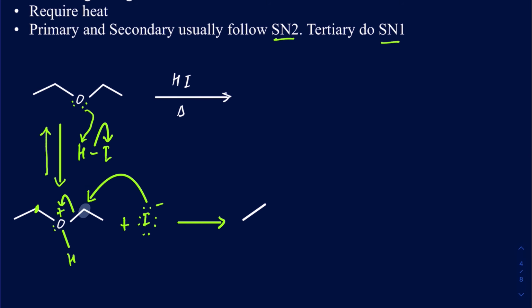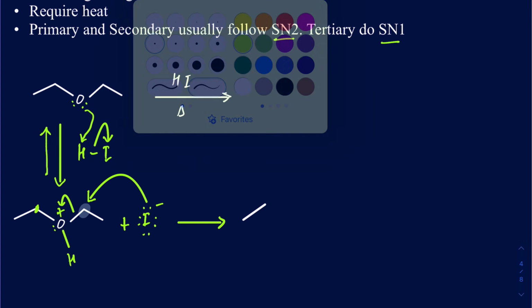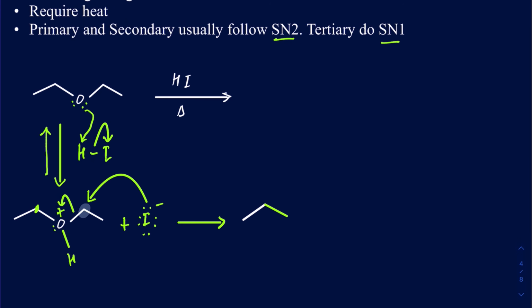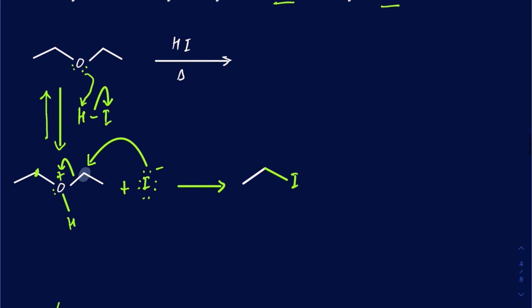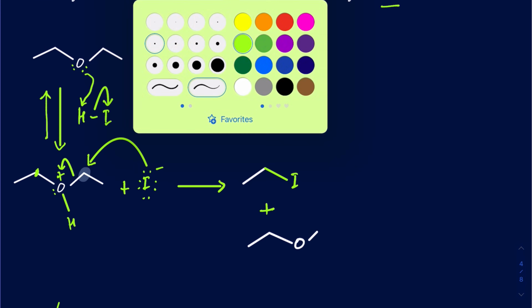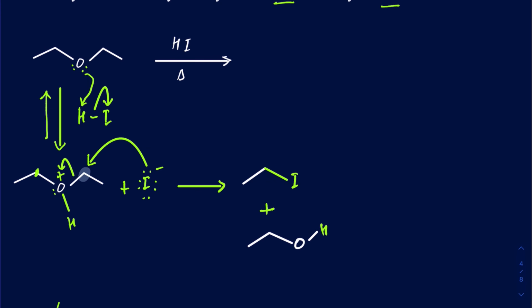So I'm going to have an ethyl iodide made, and in the process, the second intermediate, I wouldn't really say the product yet, is going to be your ethanol. It has an O, and remember this hydrogen was coming from the HI, so I have the color combination intact here.